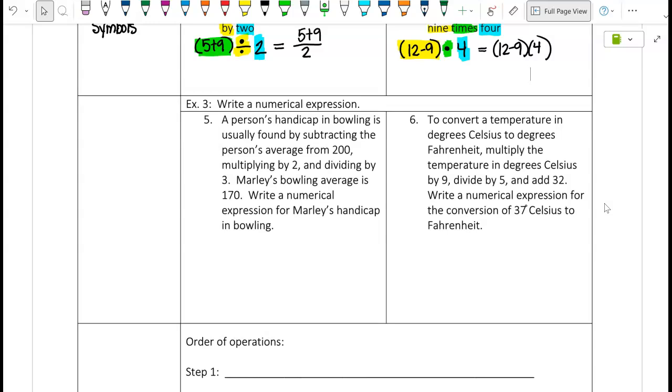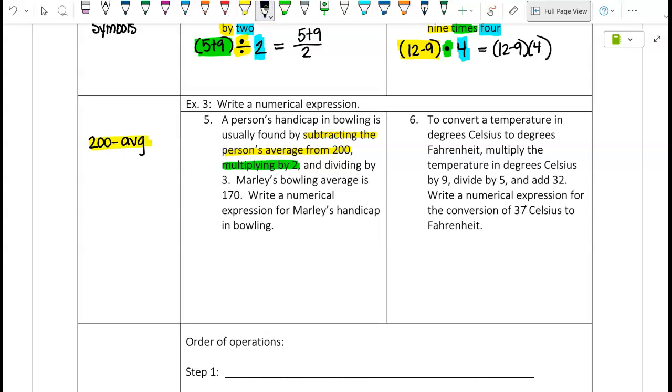So let's break this down to the parts. First it says subtracting the person's average from 200. So we have 200 minus the average. Then it says multiplying by 2. So that 200 minus the average goes with the yellow.